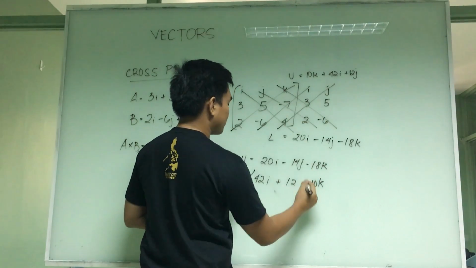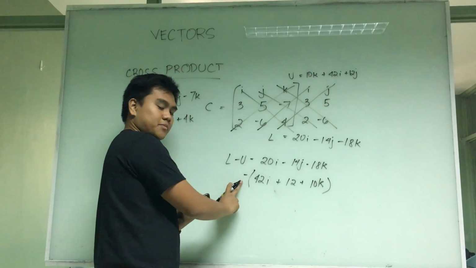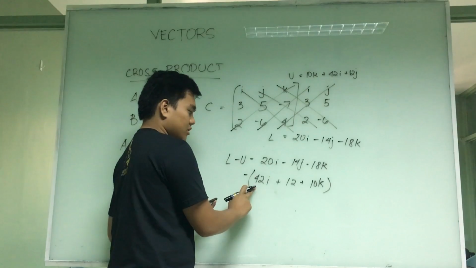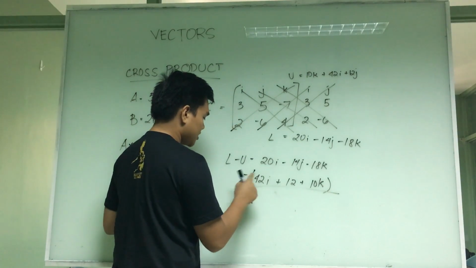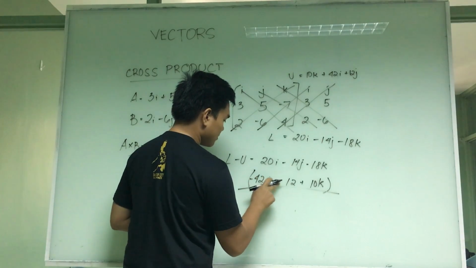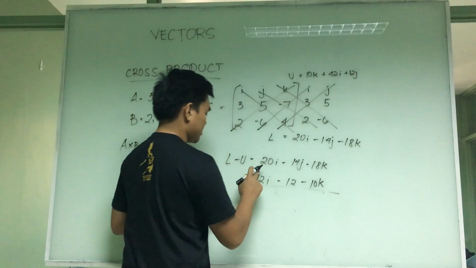This is positive and positive. Since this is a subtraction, we will negate this equation and change its signs. So it's going to be negative, negative, negative. Let's just remove these parentheses.